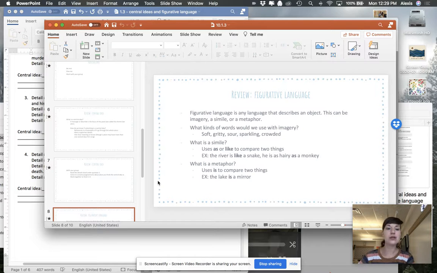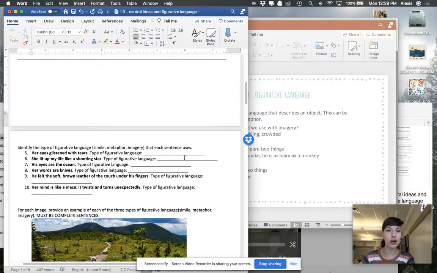Okay, so now on your worksheet, you're going to go to this section here, 5 through 10, and you're going to try to figure out what the bold statement is, right? So is it imagery, is it simile, or is it a metaphor? So let's do question 5 together. When we look at this, it says, her eyes glistened with tears. Okay, is that imagery?